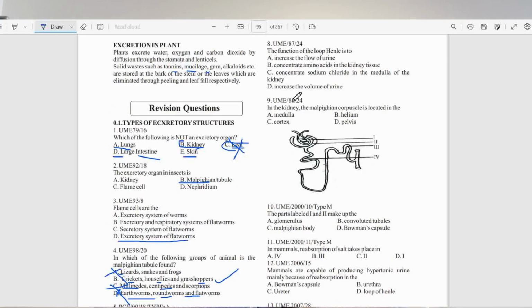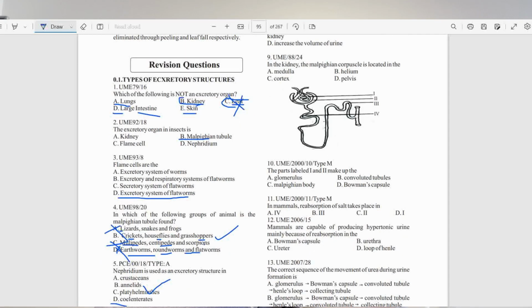Question number 9, 1988, question 24. In the kidney, the Malpighian capsule is located in the dash: medulla, cortex, ileum, or pelvis. Okay, remember I mentioned this answer while I was teaching earlier. So the Malpighian capsule is found in the cortex, right?